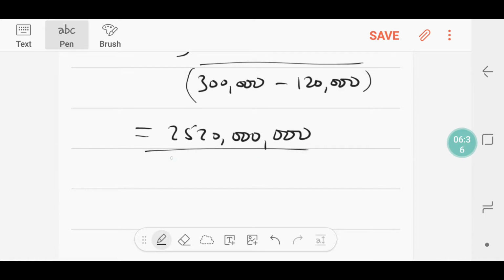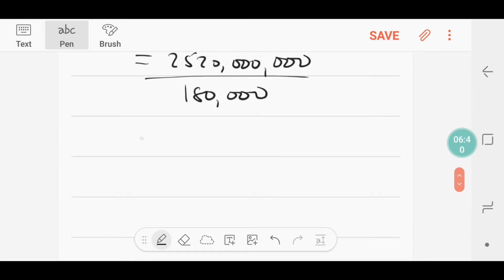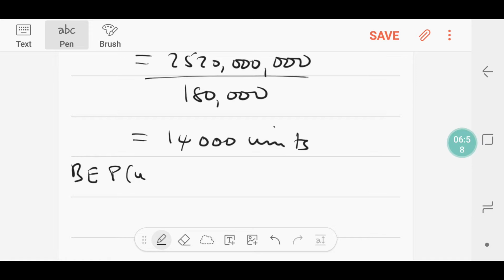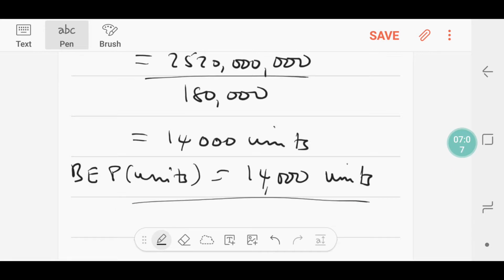Taking fixed cost over contribution, which is 180,000, we get 14,000 units. So our break-even point in units is 14,000 units.